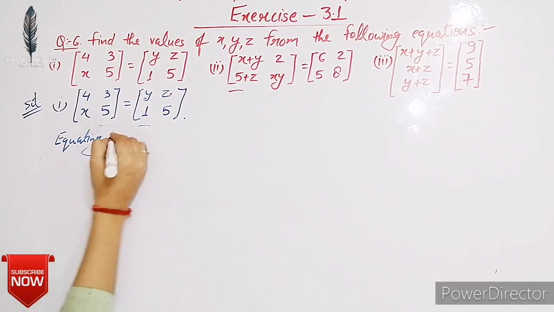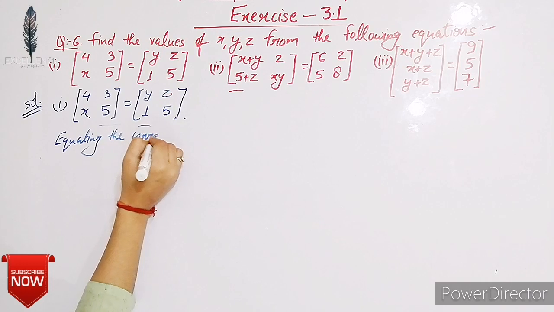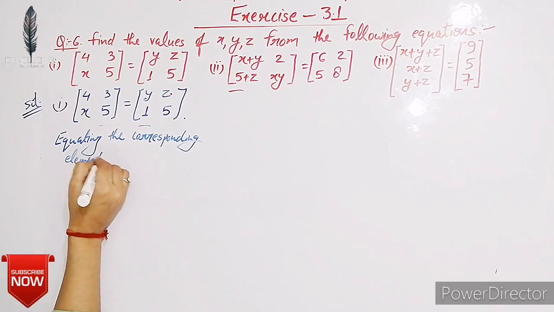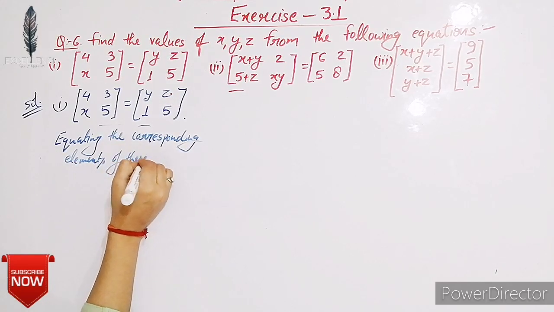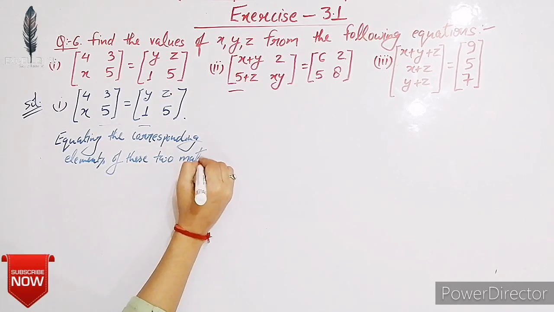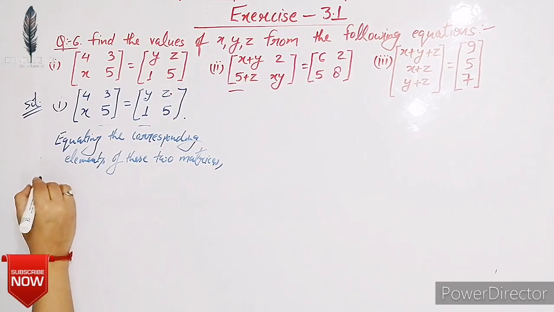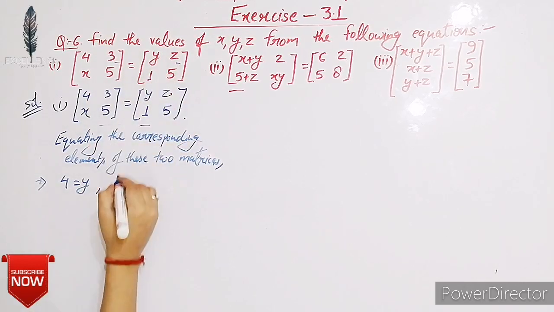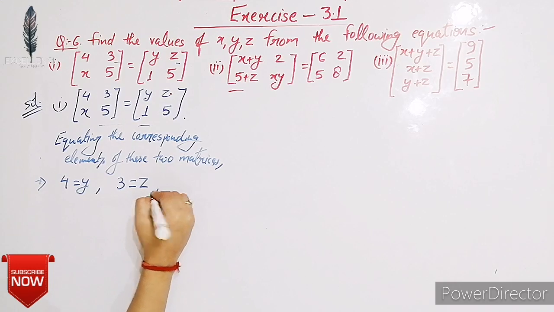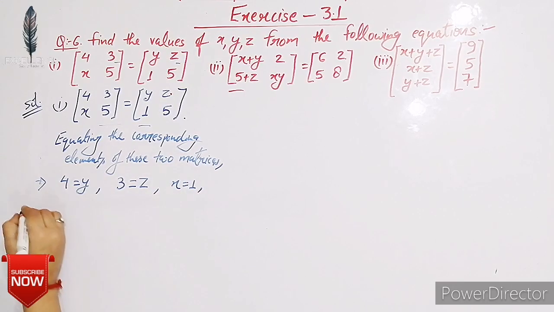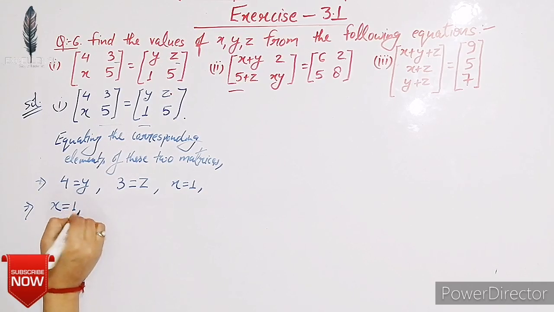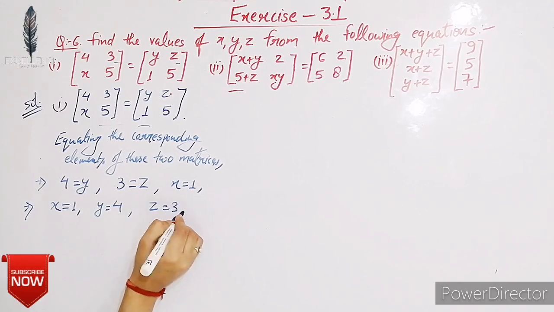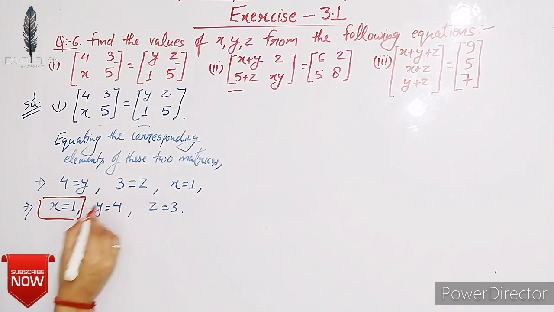So equating the corresponding elements of these two matrices, we have 4 is equal to y, these are the first row elements, first and 3 equals z, x equals 1. Okay, clear? So we have x equal to 1, y equal to 4 and z equal to 3. Okay, clear?